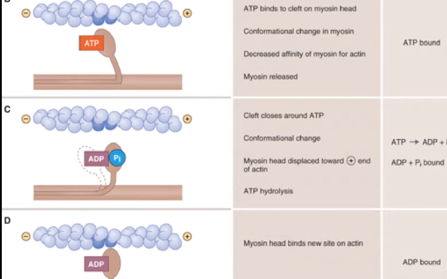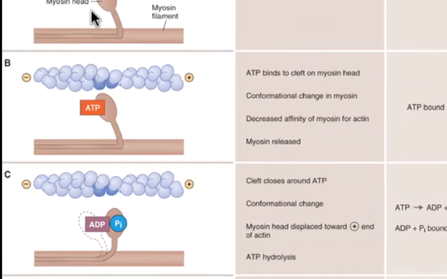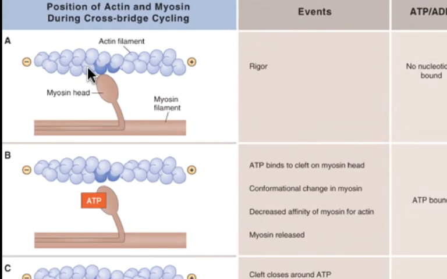Some people are still pulling, as other people are just releasing one hand to grab a closer point of the rope. Not every head of the myosin is going to detach from the actin to move toward the positive sign. Some are still attached, some are going to detach and attach to the plus end of the thin filament.